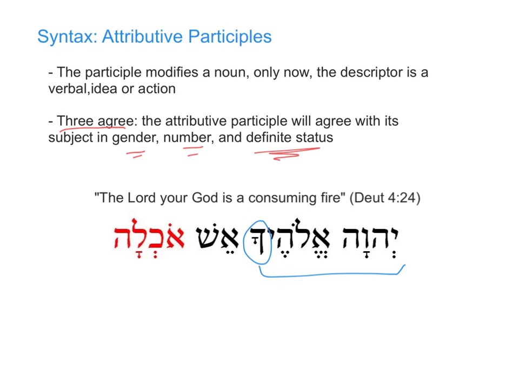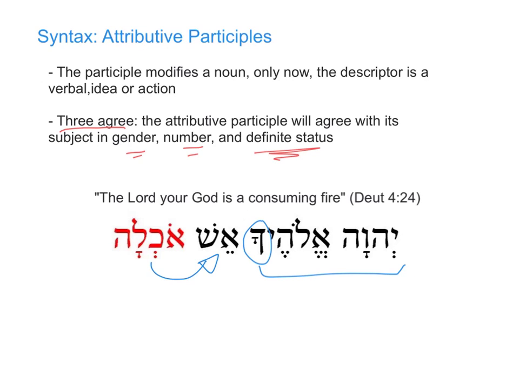Also singular, so we have the agreement there in gender and number. And the definite status. What we're not seeing here is a definite article on either one of these. So we have that 3-agree rule where these two will be functioning together in terms of their syntax, and in terms of parsing that second form, that would be an attributive adjective.